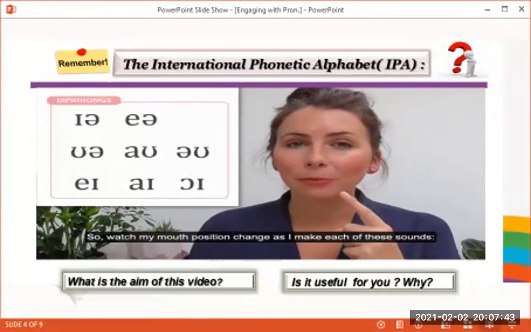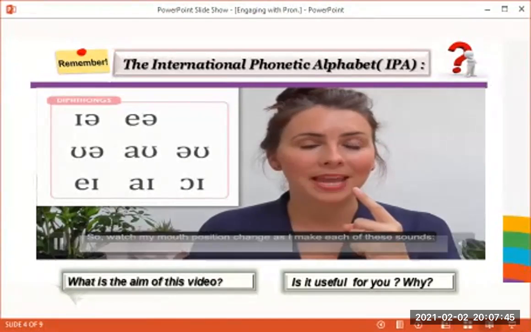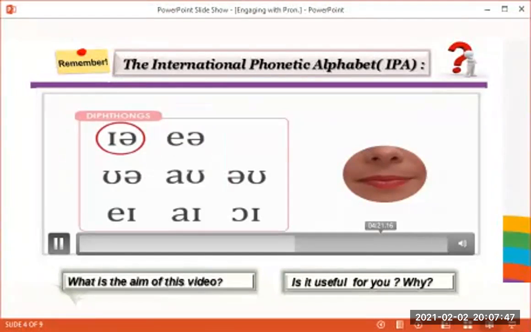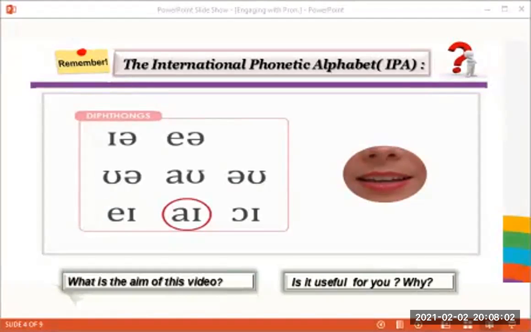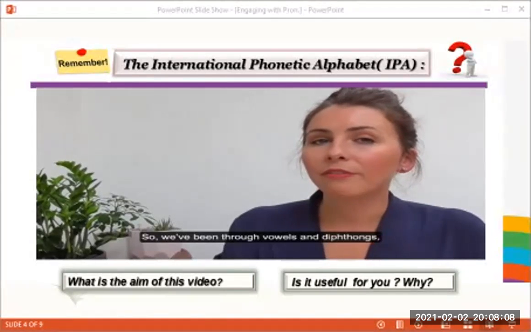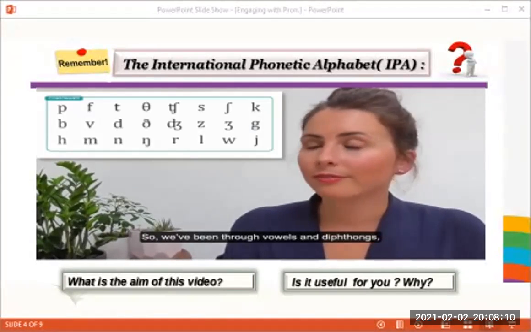So watch my mouth position change as I make each of these sounds.